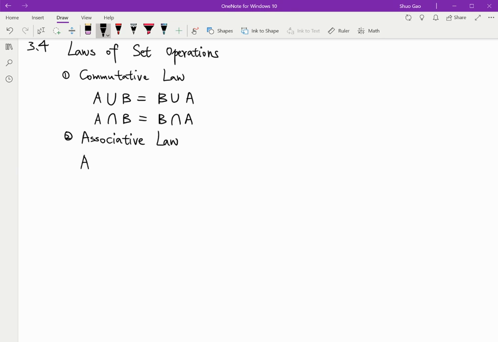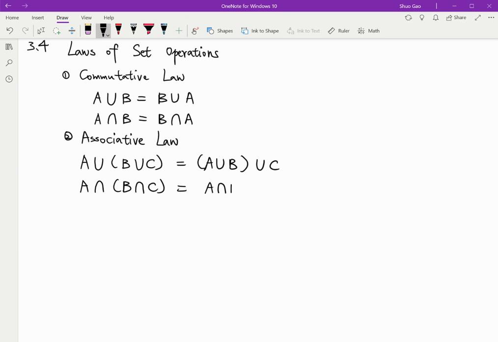So this is a little bit complex. A union B union C equals A union B and then union C. And A intersect B intersect C equals A intersect B, then intersect C. Because with B union C and then union A, it doesn't matter, because B union C or C union B doesn't matter.